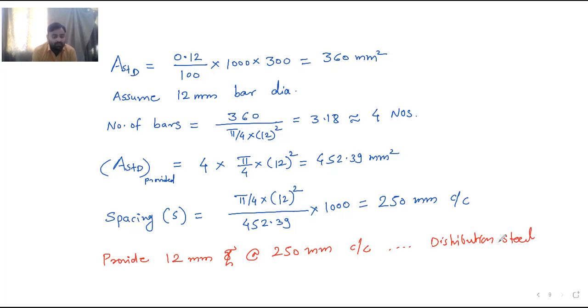Or otherwise, we will move to the design of toe slab. What you want?